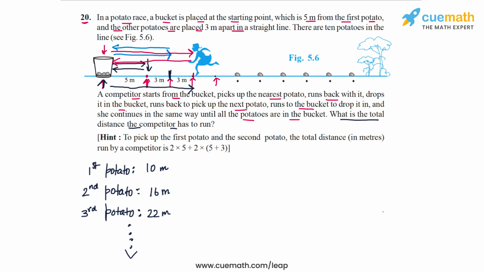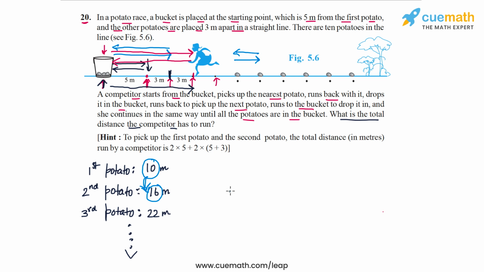So if you think about it, this is an arithmetic progression in which the first term is 10 and every term is 6 meters more than the previous term, because for every next potato the competitor has to run 3 meters extra one way and 3 meters extra the other way. So a total of 6 meters extra for every subsequent potato. That is why you get this series with a common difference of 6.